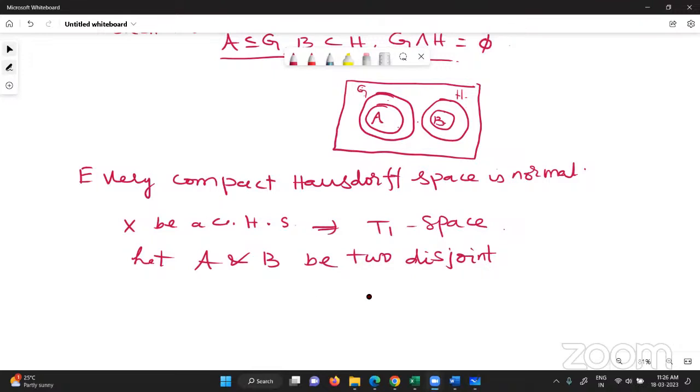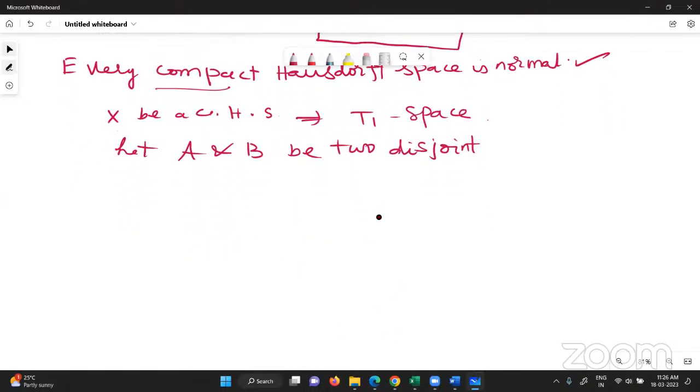See, every compact Hausdorff space is normal. What do you mean by a compact space? Every open cover has a finite subcover. Suppose X is a compact Hausdorff space, then it is a T1 space.